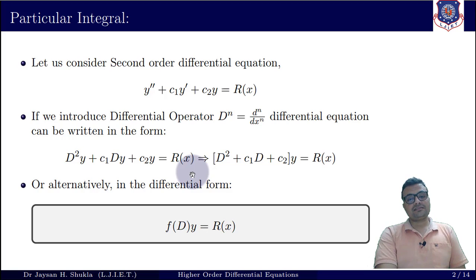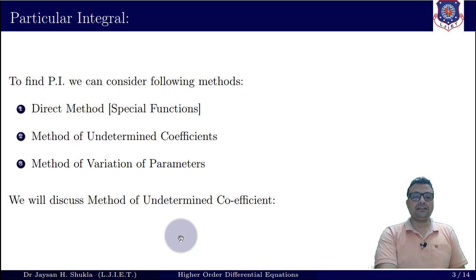Then separating y and the combination of D will result in the operator form, which is f(D) y equal to R(x). Once we have this form, to find the particular integral, we can consider three main methods: direct method, method of undetermined coefficients, and method of variation of parameters.